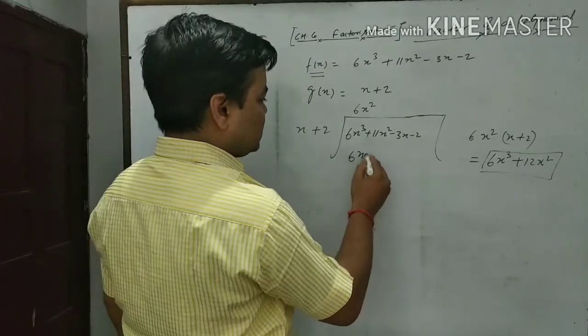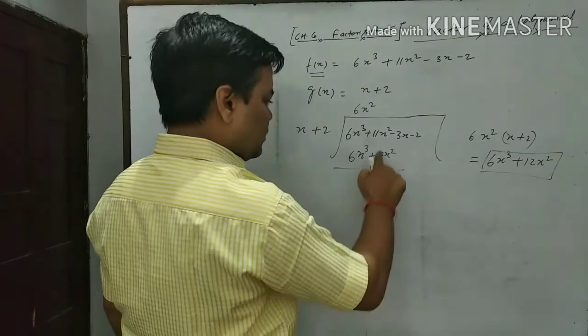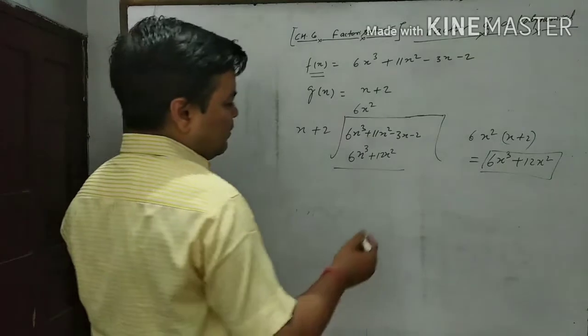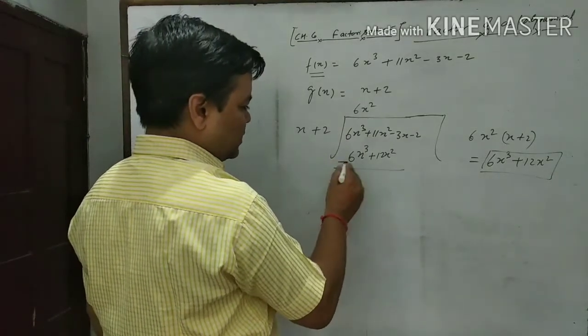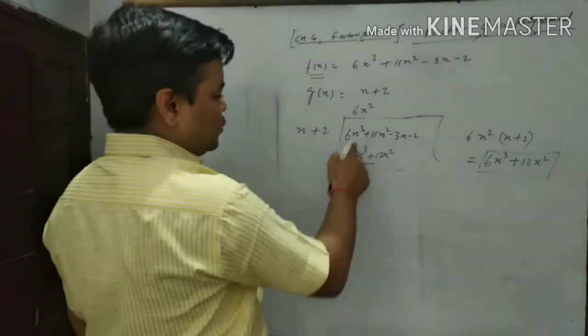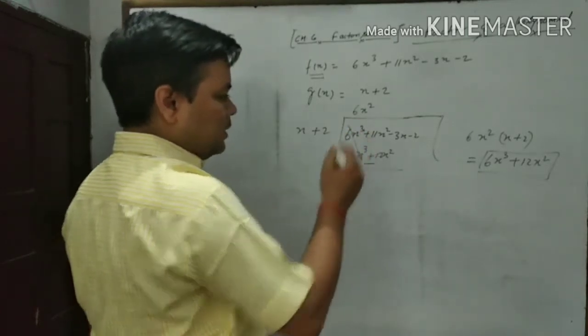It will be 6x cube plus 12x square, and we know that in division we always subtract. After subtraction the signs will be changed: the plus sign becomes minus, and again the plus sign becomes minus. 6x cube minus 6x cube, the value is the same, so it will be cancelled.